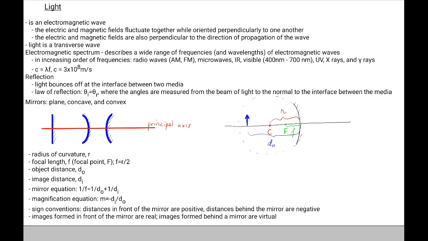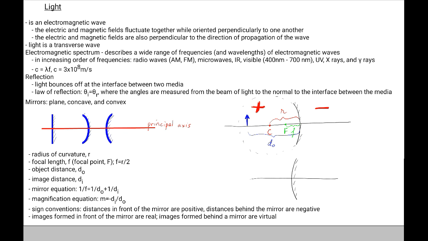Now we have a sign convention for mirrors for the different distances. Everything in front of a mirror is positive. All the distances in front of the mirror are positive. All the distances behind the mirror are negative, which makes us think of what happens to a convex mirror.